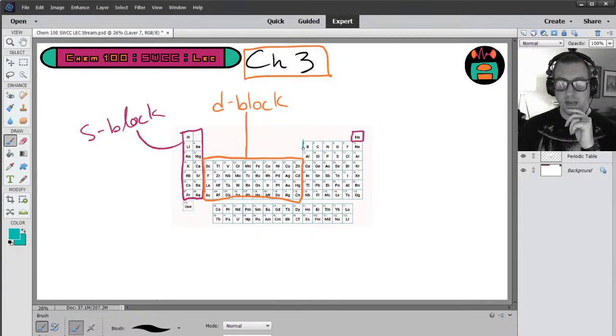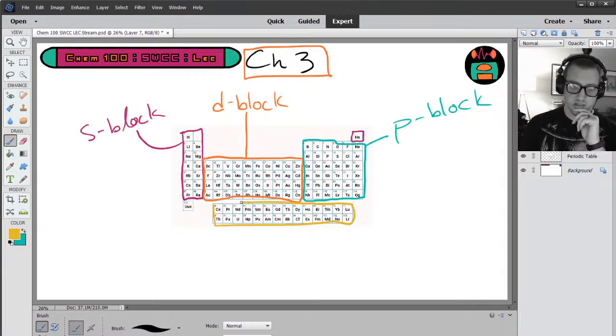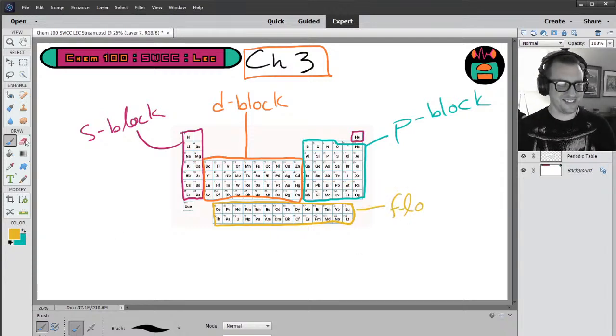The second half of the main group, all up in here, this is the P block. And then our lanthanides and actinides, this is known as the F block, or flock.